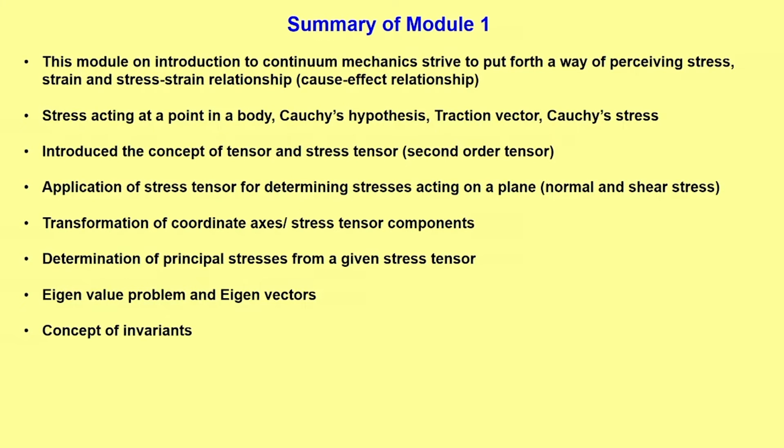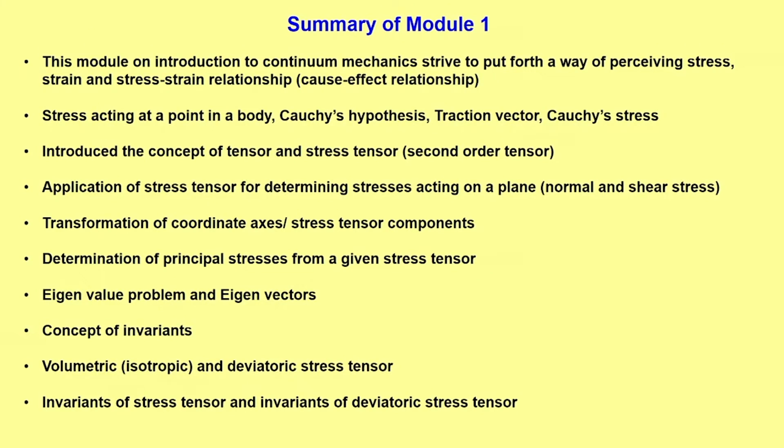And the concept of invariance was discussed, which is very essential in most geomechanical problems. The stress strain relationship, or the constitutive relationship, when you try to solve various problems, you will know that it is mostly in terms of these invariants, essentially for soils and rocks. Then the volumetric and deviatoric stress concept.